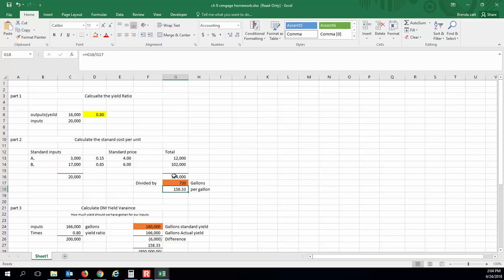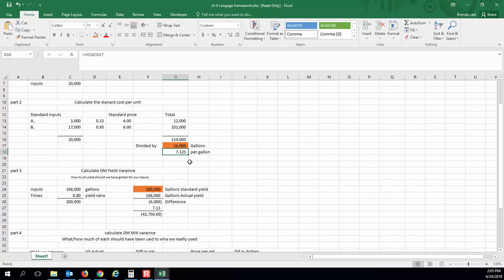What we do want is the grand total of the dollars divided by the number of gallons. Well, the gallons are 16,000. So that would be our cost per gallon. I wouldn't round so much, although Excel remembers that you have a 0.125 in there and will use it all anyway. But so that's our cost per gallon.